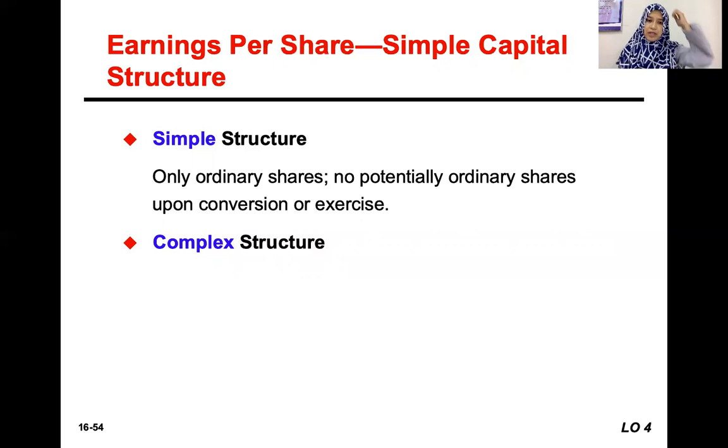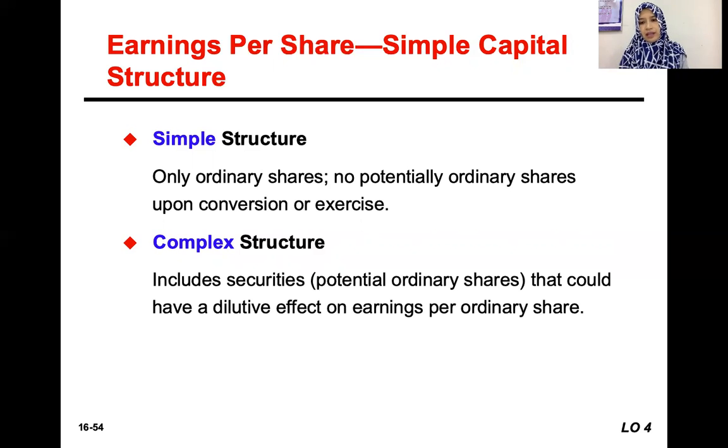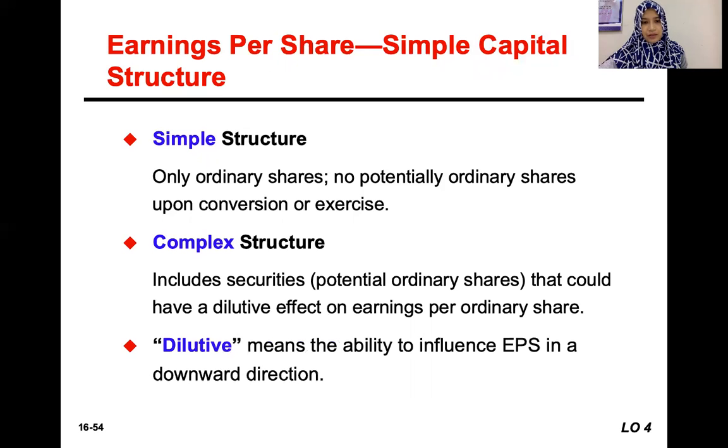Meanwhile, a complex capital structure has securities with a dilutive effect, like convertible bonds, convertible preference shares, and share warrants, which could dilute or reduce the earnings per ordinary share.